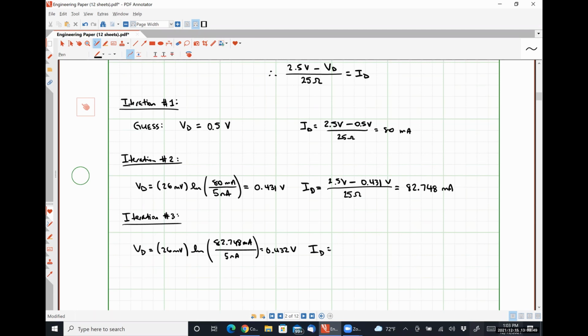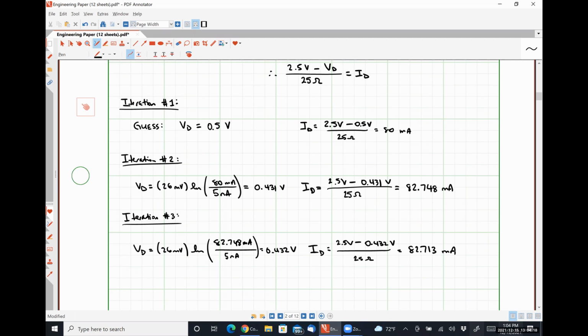And just for the sake of argument, recalculating our current ID would be 2.5 volts minus 0.432 volts divided by 25 ohms gives us 82.713 milliamps. Now we could continue iterating on this if we wanted to.